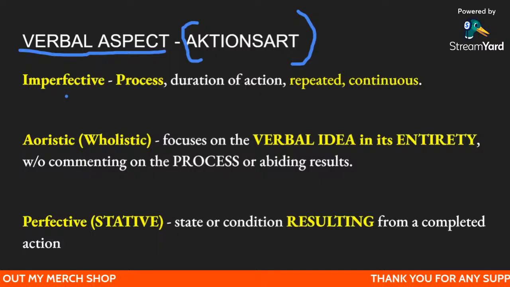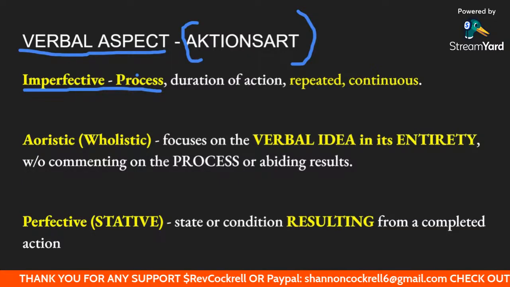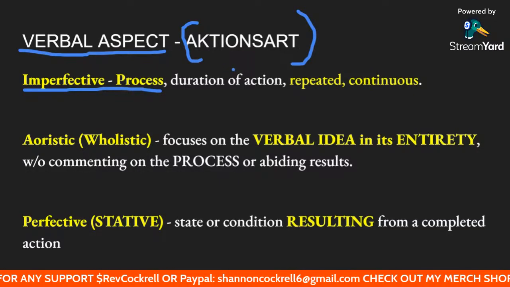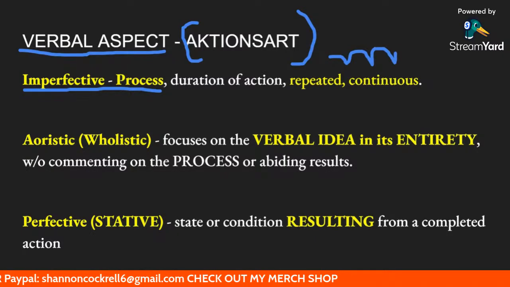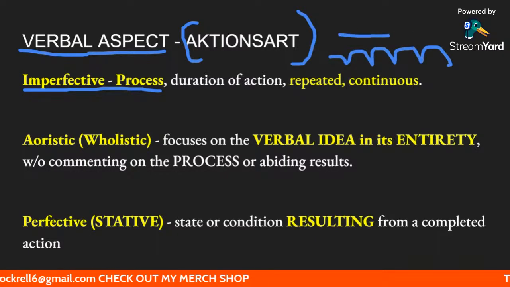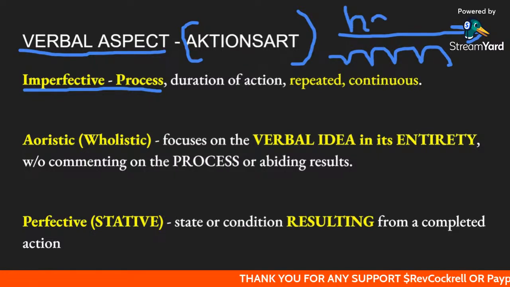There are three. The imperfective, or the process, deals with your present tense and your imperfect tense. This is an ongoing action, progressive, right now, habitual, continuous action.